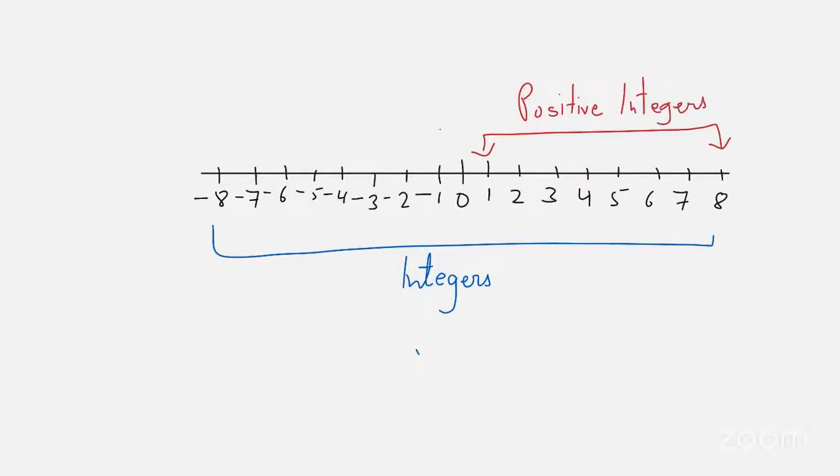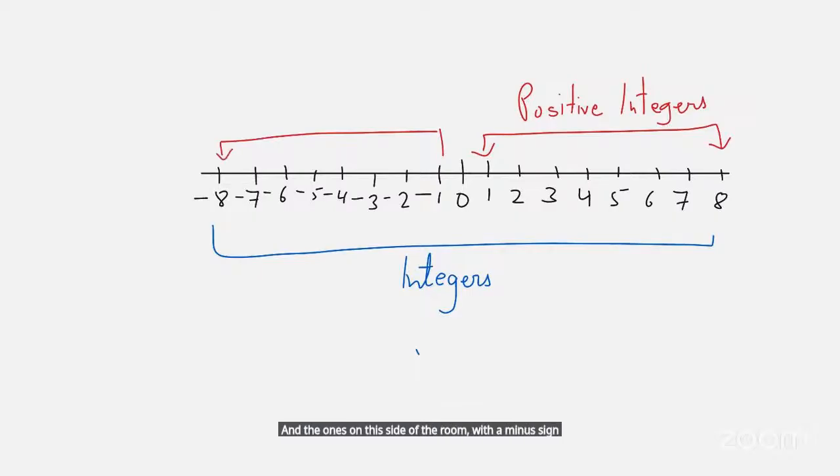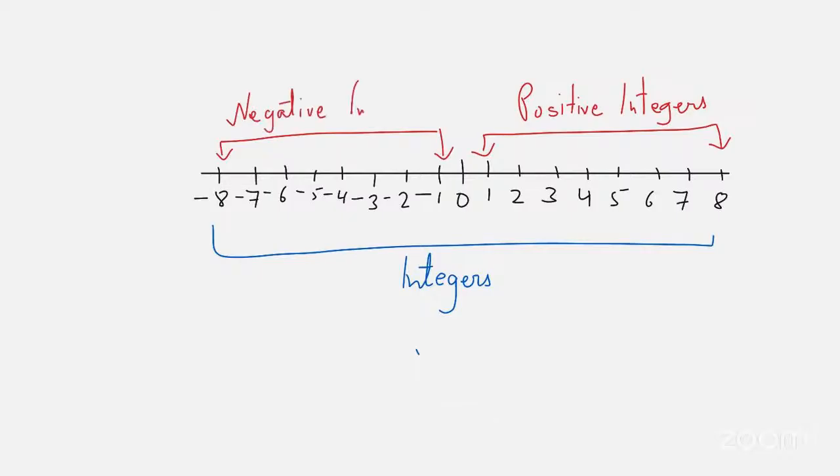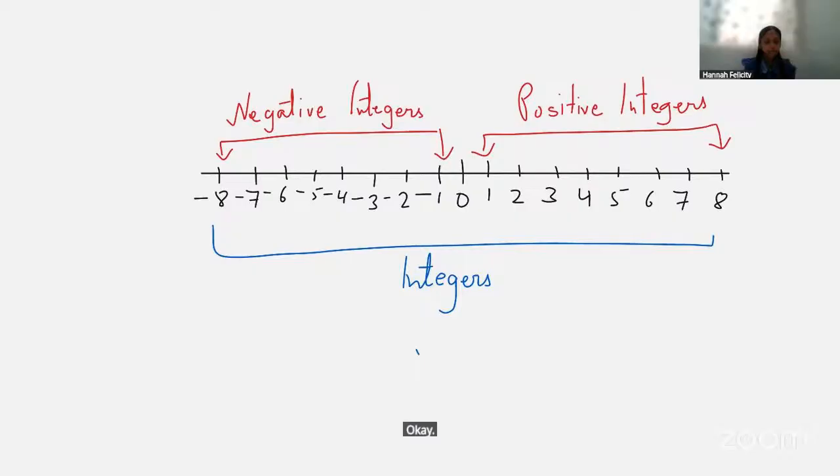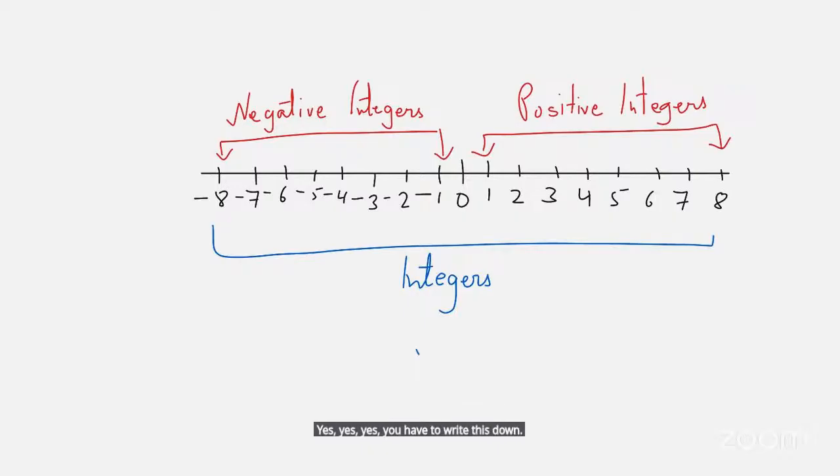And the ones on this side of 0 with a minus sign are called negative integers. So it's on the left side. Yes, Hannah. Ma'am, should we note this down? Yes, you have to write this down. Make a number line and make integers and classify them as positive integers and negative integers.